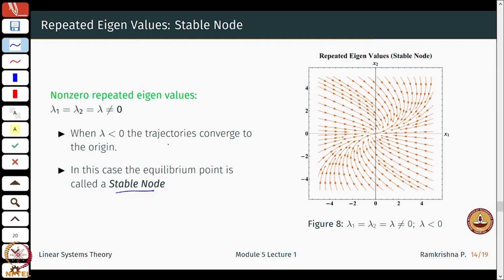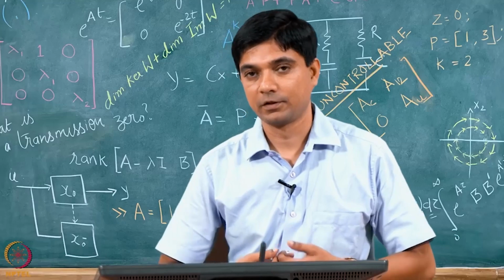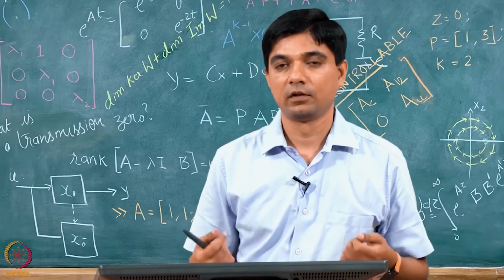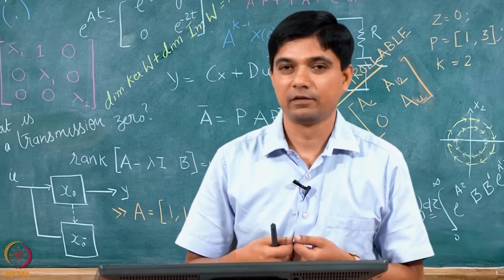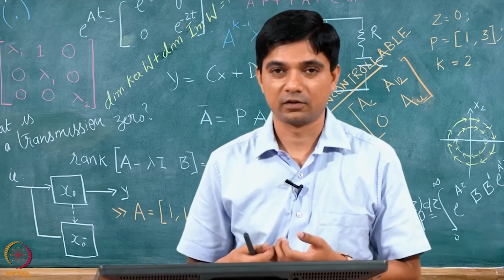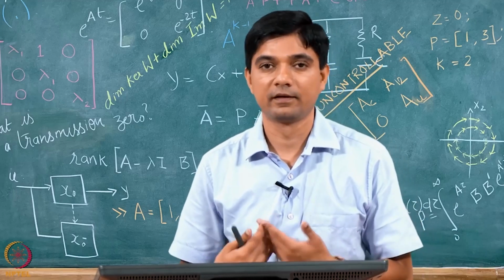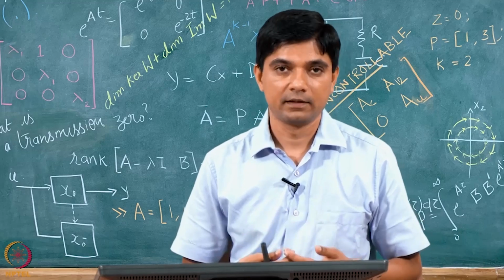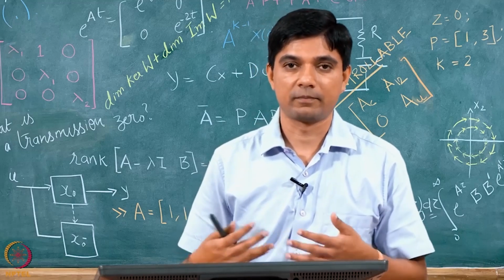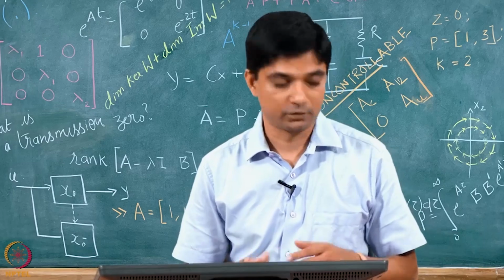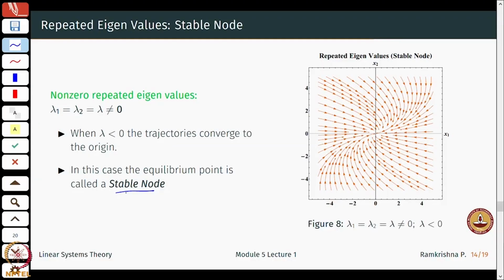Not surprisingly, you are talking of a stable system because the eigenvalues are less than 0. We are talking of eigenvalues equal to each other, so some critically damped situation where we would naturally expect the trajectories to come back to the origin starting from a neighborhood of the origin. This is how they will look, and we will also call this a stable node.